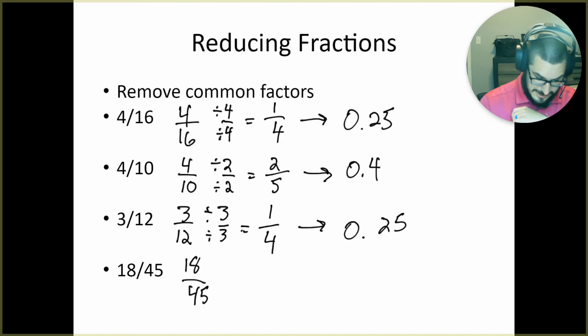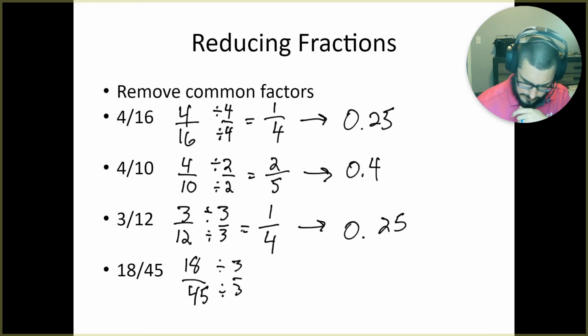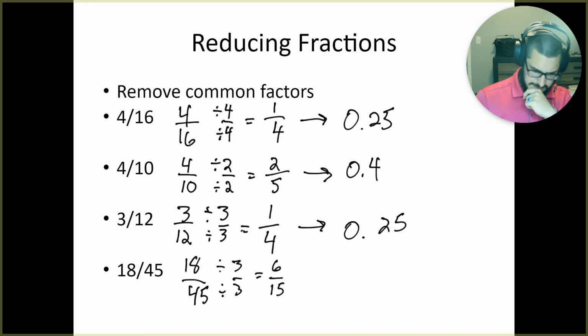18/45. So I'm just going to be really honest with you. When I'm doing something like this, I don't usually notice right off the bat what I can reduce the whole thing by, and that's totally fine. So let's see. I think I can divide both of them by 3. 18 divided by 3 is going to be 6, and 45 divided by 3 is going to be 15.